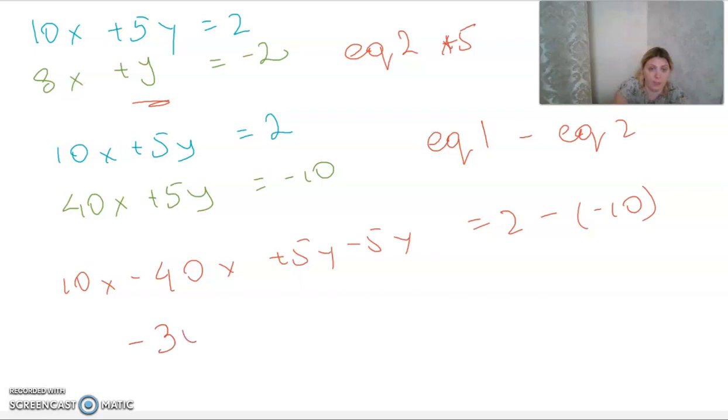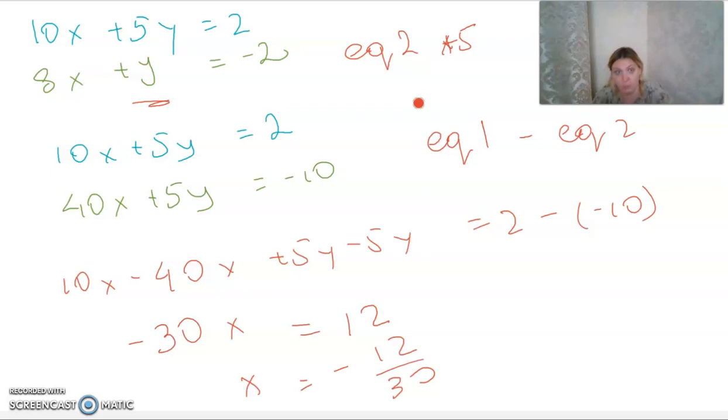So I end up with negative 30x equals 12. Now to solve for x, I just divide both sides by negative 30. So x is negative 12/30. Yeah, I got a fraction. That's unpleasant, but hey, that's life. Fractions have a right to exist. I can and should simplify this. This is negative 2/5. Okay?